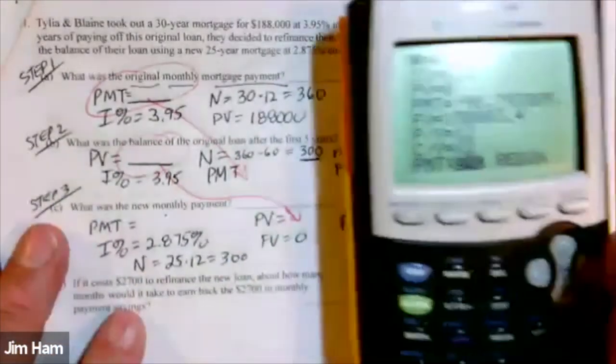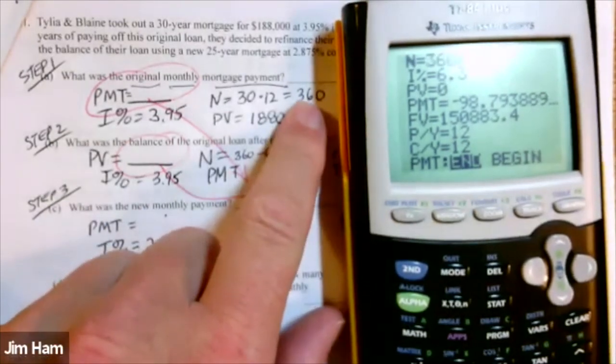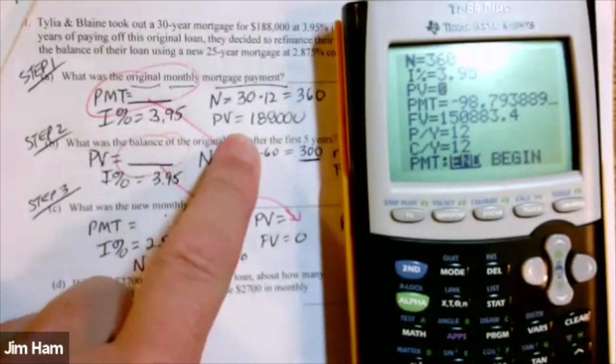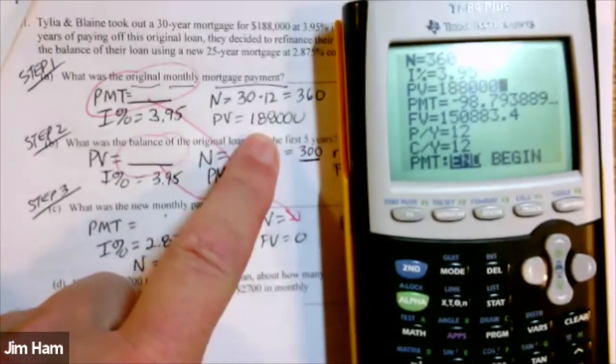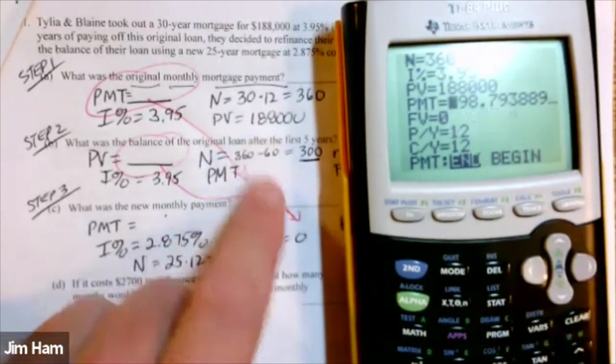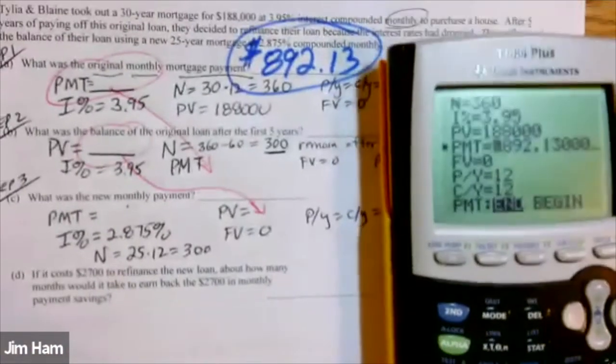All right, go ahead. First one, we have 360 at the interest rate of 3.95. The present value of the loan is 188,000. And we calculate the payment, and you should get $892.13. Now I'm just going to leave that number in there.